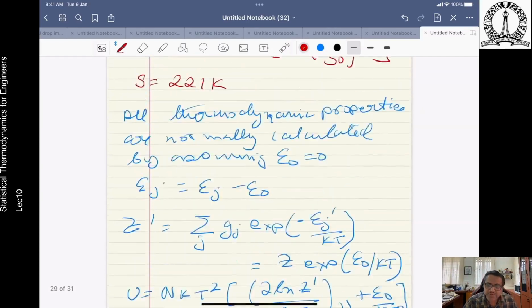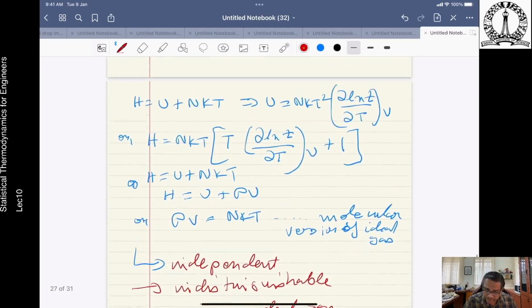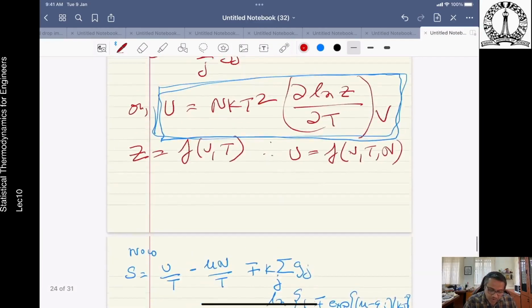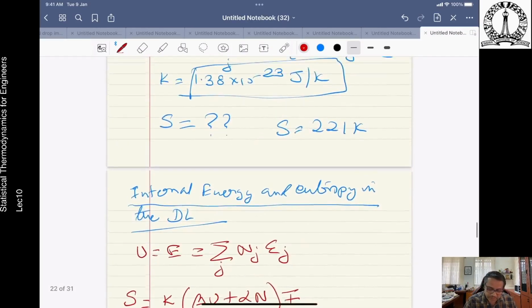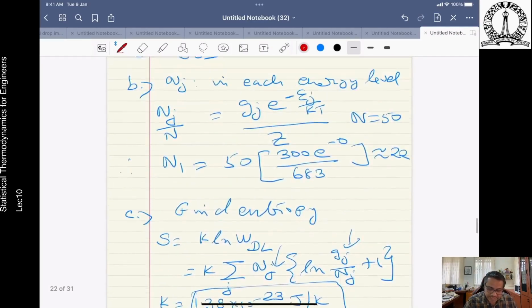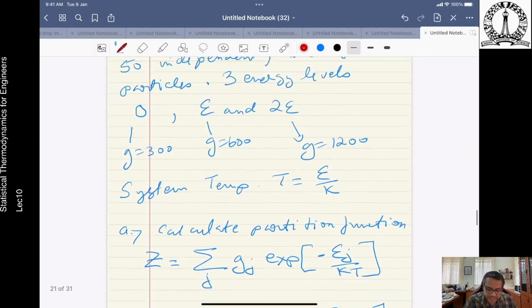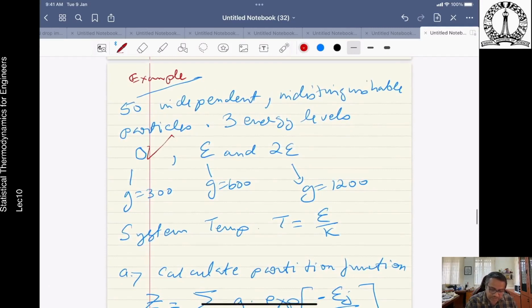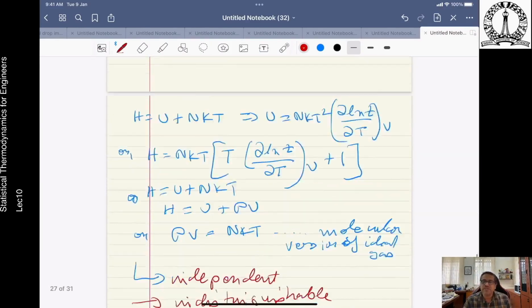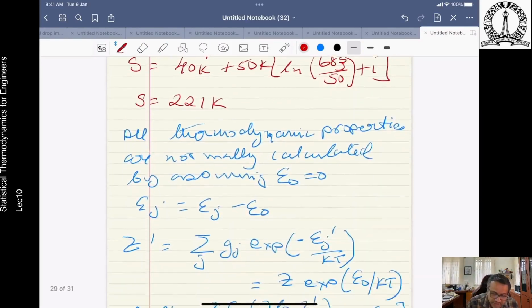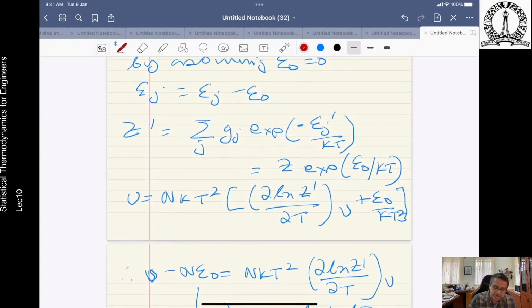In this lecture we have covered a lot. We have covered a couple of sample problems. We have also determined how specific quantities like internal energy and entropy can be extracted from the partition function, especially in the dilute limit, provided you give the energy values and the degeneracy values. So we have developed a framework to evaluate all these macroscopic properties with ease. Now the point remains how to go to the next step and find out how these properties arise from a quantum mechanical perspective.